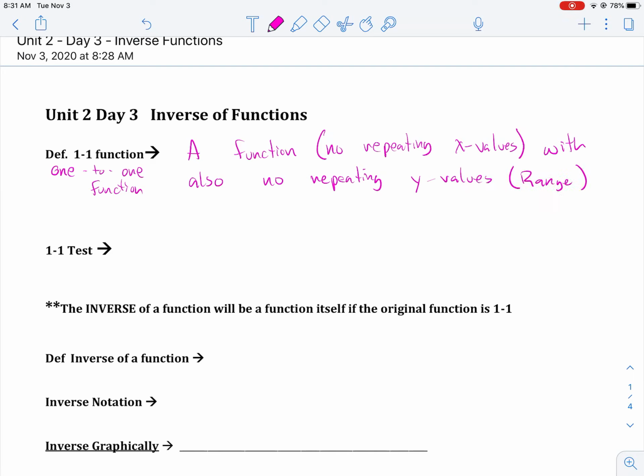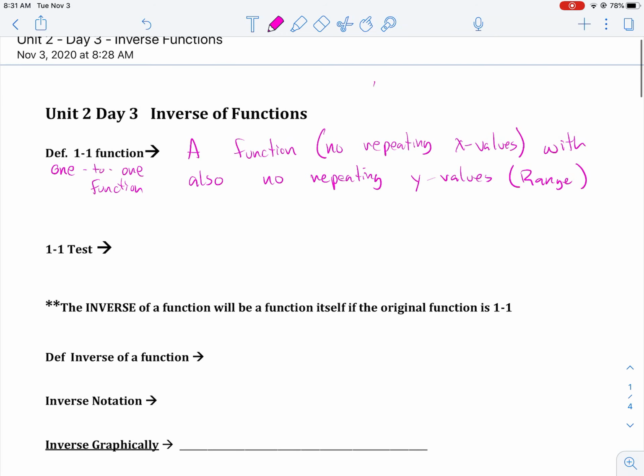So we have no repeating x values, which is the domain, and no repeating y values, which is the range. That's what it means to be a 1-to-1 function.